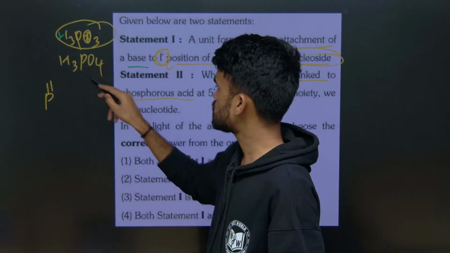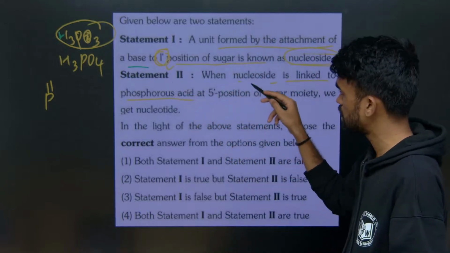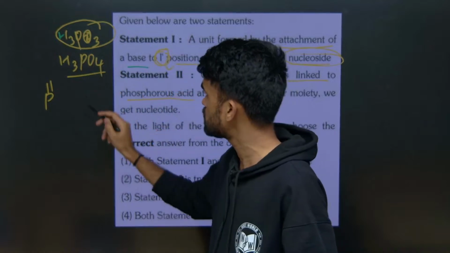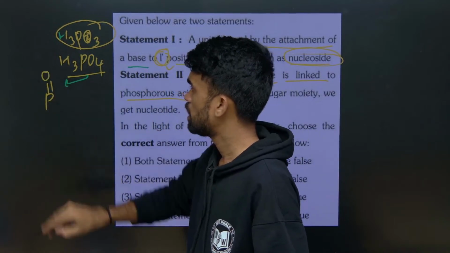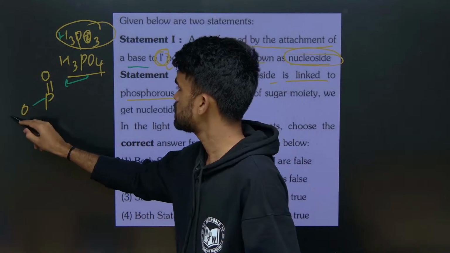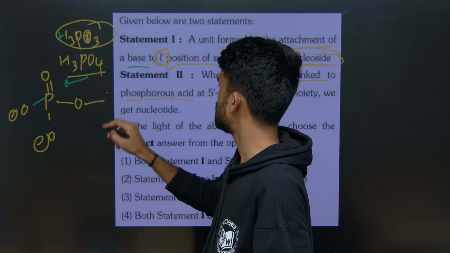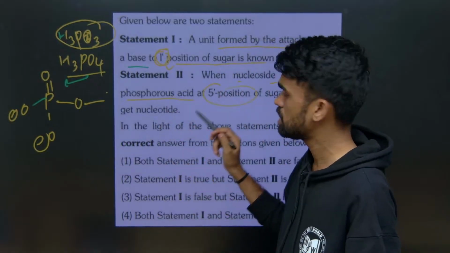Okay, so the phosphate group which we see in this nucleotide comes from this phosphoric acid, that will be like this, O minus, O, which is attached with the 5' of this sugar.